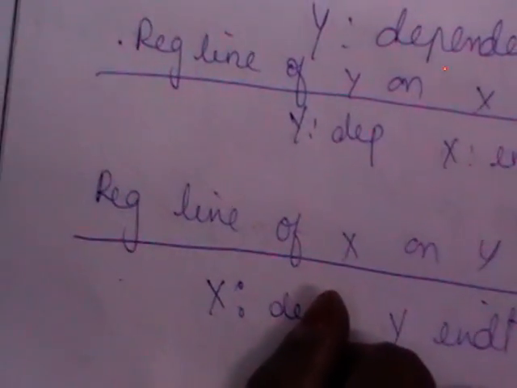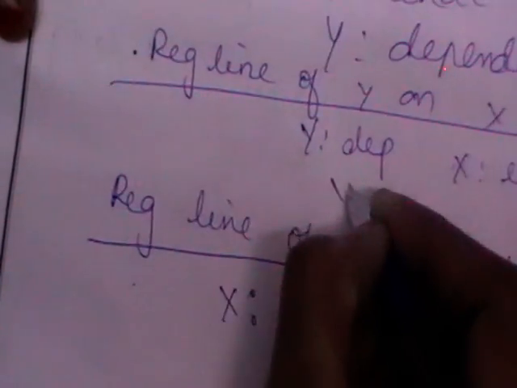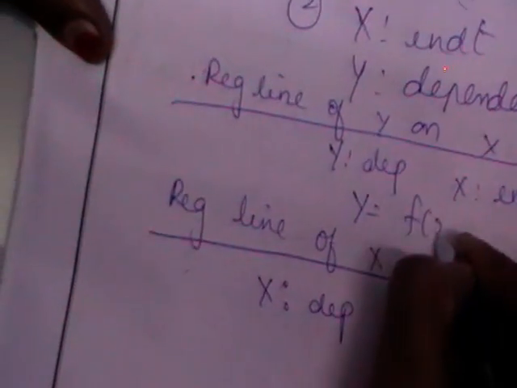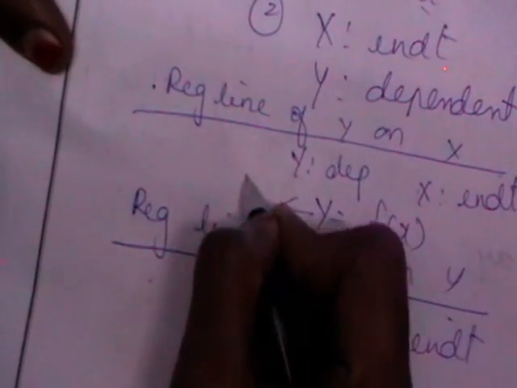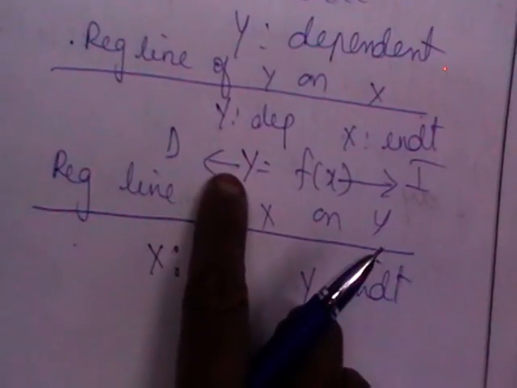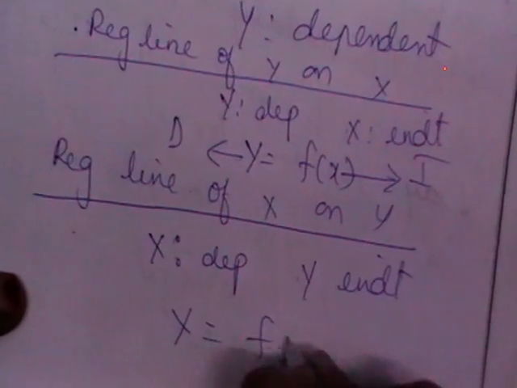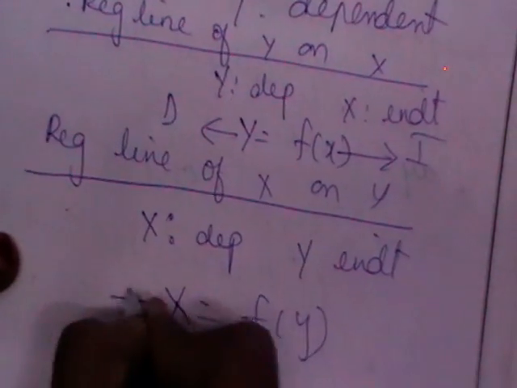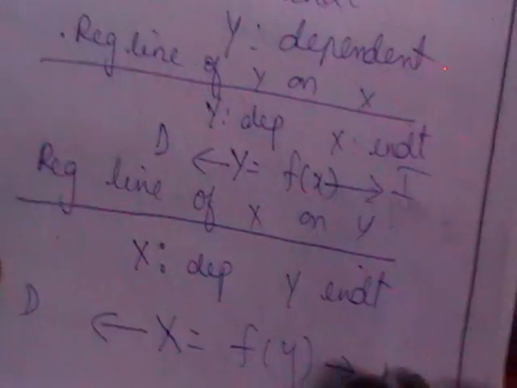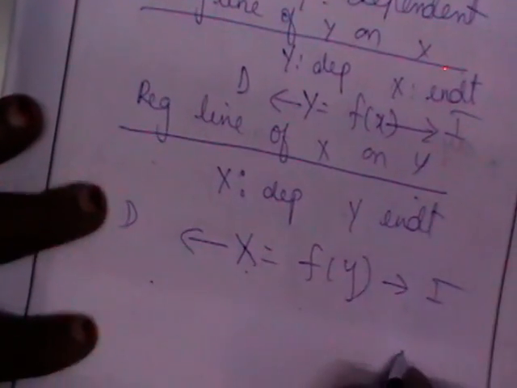Using the regression line of y on x, y is a function of x. The left-hand side is always the dependent variable, the right-hand side the independent variable. So we can estimate y when x is given. In the second case, x is a function of y, so x is dependent, y is independent, and we can estimate x when y is given.